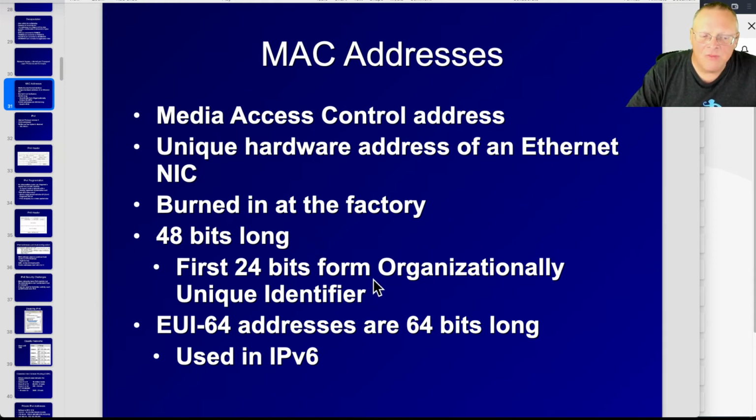The first 24 bits are assigned to that organization, like Intel or somebody that makes the NIC, and then the remaining 24 bits are used to specify the individual NIC. In IP version 6, they use these things called EUI-64 addresses, but that's at layer 3, and they do sometimes include the 48 bits from the MAC address, which is a privacy issue. But anyway, the MAC address remains 48 bits long for Ethernet.